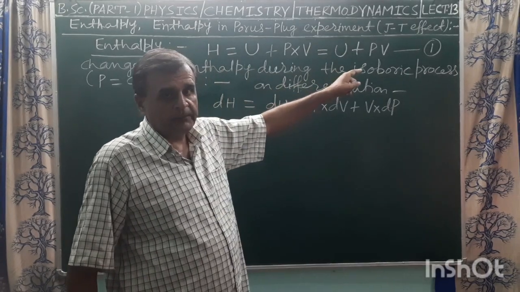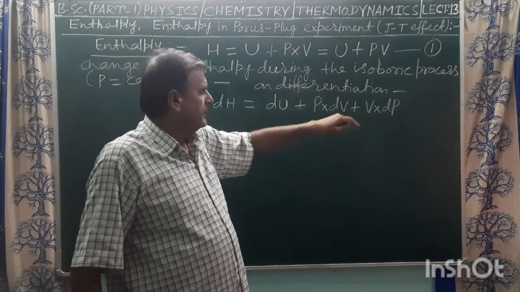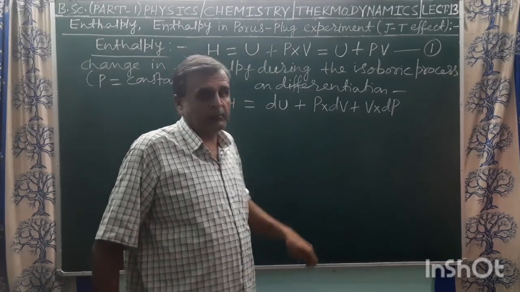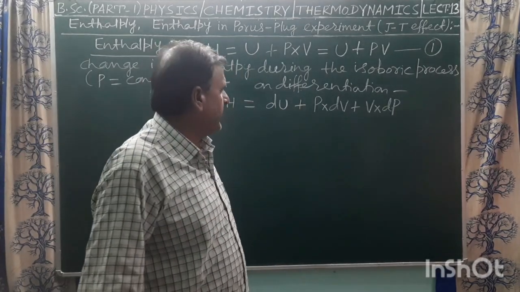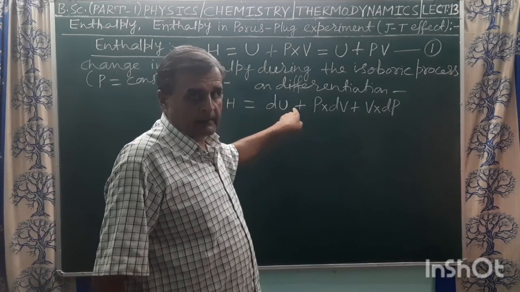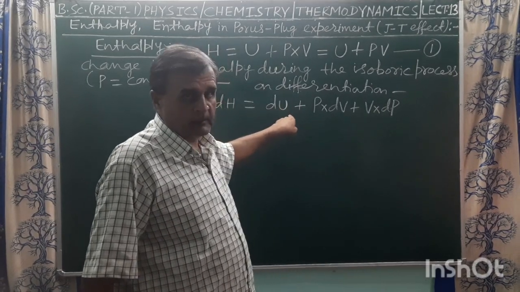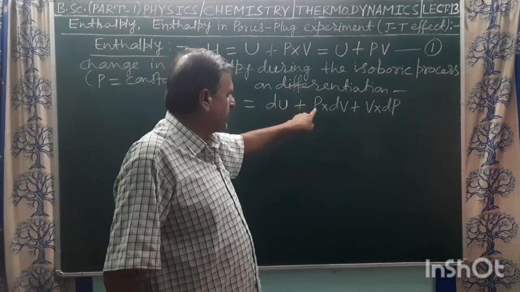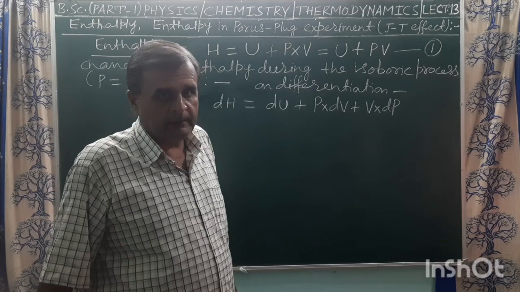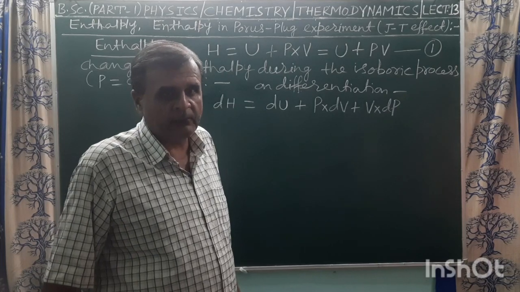So the differentiation of PV is P into dV plus V into dP, and we know from the first law of thermodynamics, dU plus P dV, that is the increase in internal energy of the system, denoted by dU, plus the product of pressure multiplied by increase in volume, is equal to dq, that is heat supplied to the system.